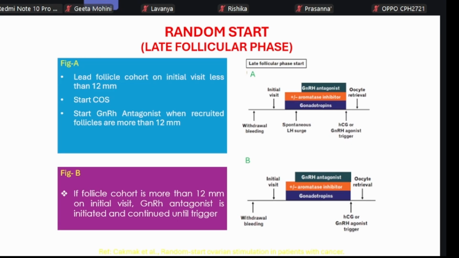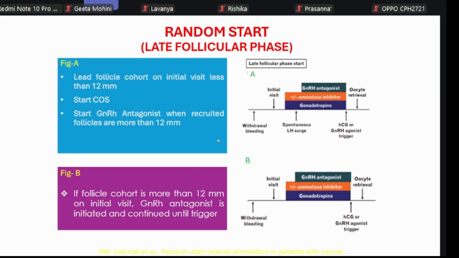So whenever we stimulate on any day of the cycle, we are able to get embryos and oocytes equally compared to antagonist cycles. Even if a patient comes on day 12 or day 13 of the cycle, we can see the scan. If there is a dominant follicle, we can give a trigger and start stimulation. If the lead follicle is less than 12, we can directly start the stimulation.